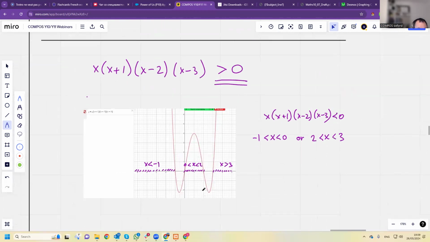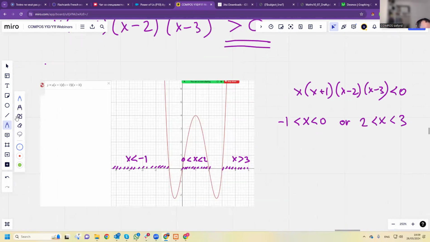Look at these 4 dots. This is what we call the method of intervals.